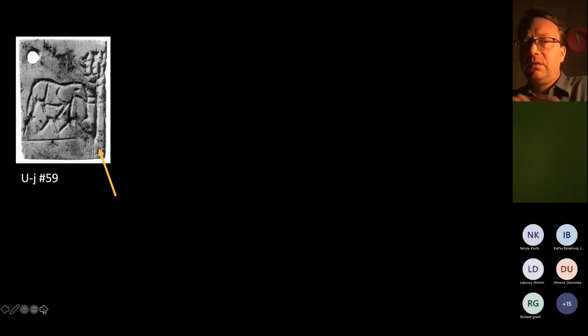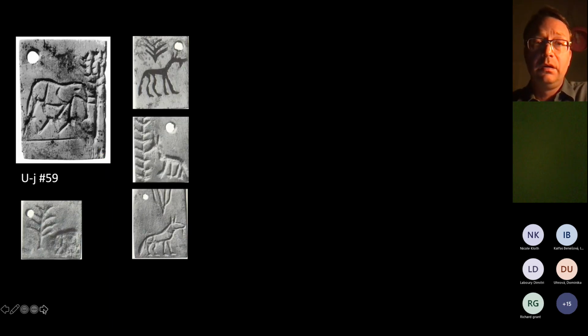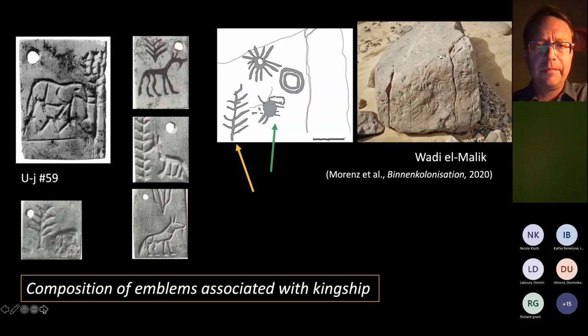So it's actually not so much a combination. Here you have the elephant on the hills with the plant. So that is really a combination. So what about that? Well, you have it also with the jackal. The jackal, just a few generations later, would be associated with kingship. Think of Upuaut, for example, the opener of the ways for the king, striding in front of the king. And the elephant on hills, we already had this idea that it could be a symbol of the wild force of nature dominated by human agency and associated with royalty.